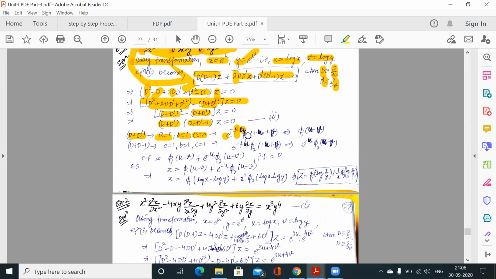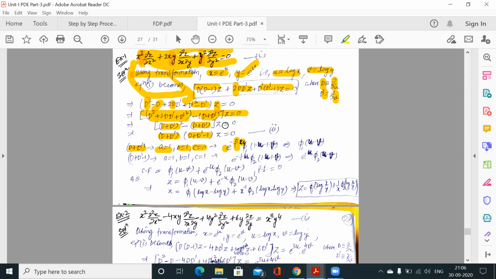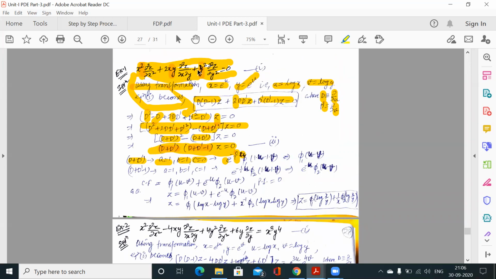In the case where it is an equation in z, x, y, then we write e to the power minus c by a x. But we are solving this equation, in which the dependent variable is z, but the independent variables are u and v, not x and y, because x, y are the independent variables for the original equation, not for this one.